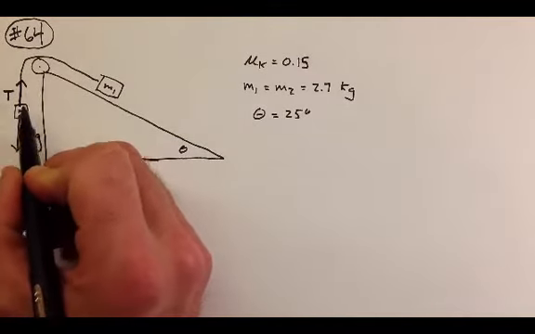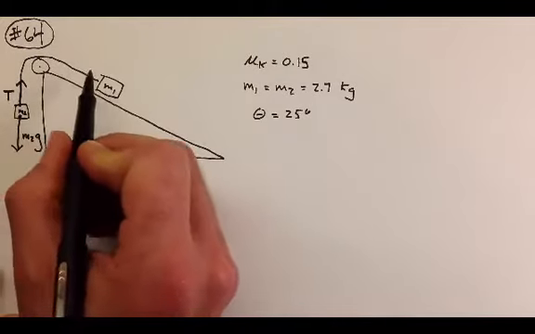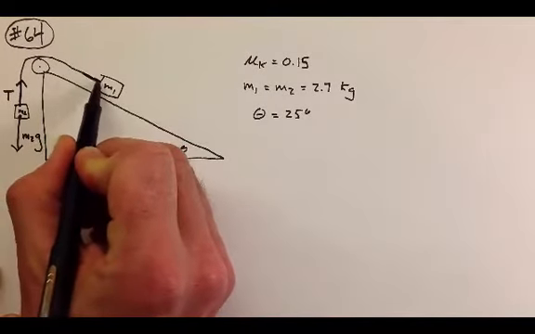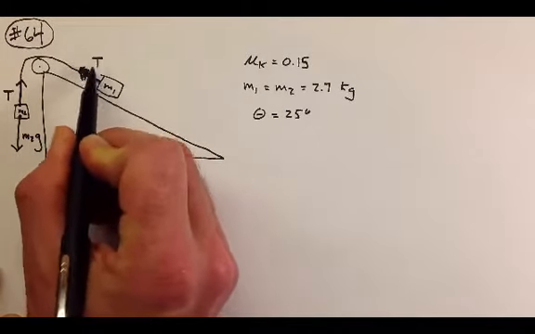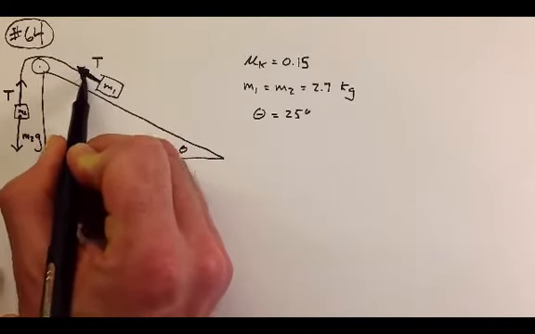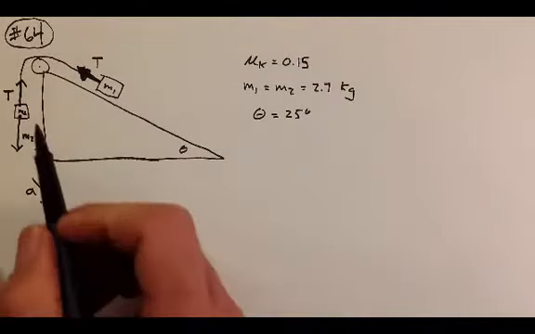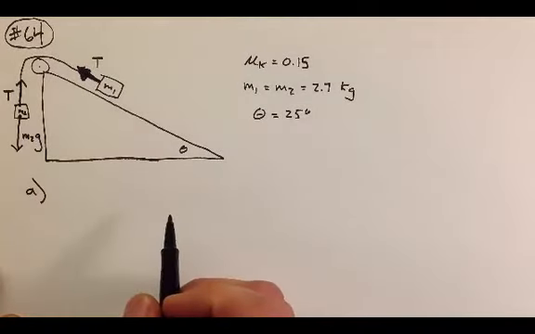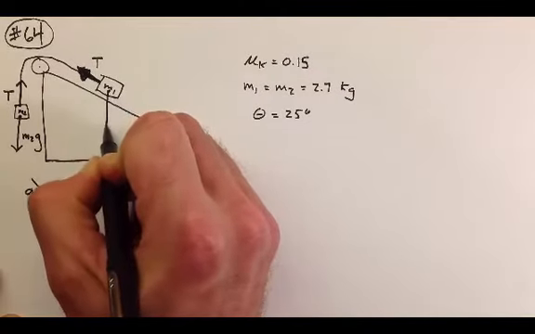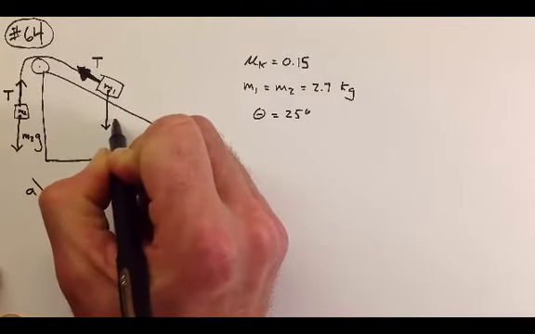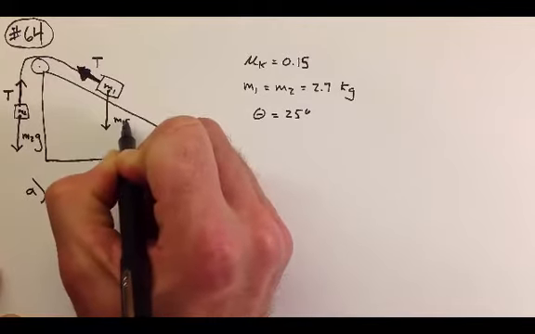And then we know, since this string is connected to both weights, I must have an equal tension force T here, and that's not a very good arrow, right? So this T and this T must be the same. Of course, M1 has a weight, and that would be M1G.